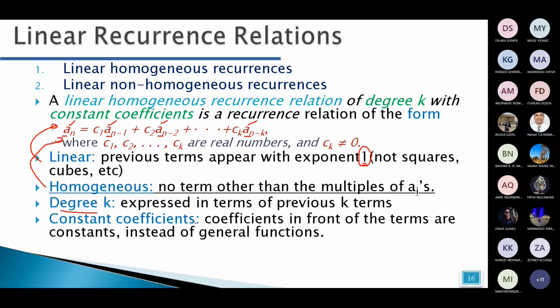Degree, it's the last term here. It's n minus how much? This k, it's the degree. Constant coefficient means the coefficient that comes with each variable is constant, not variable.